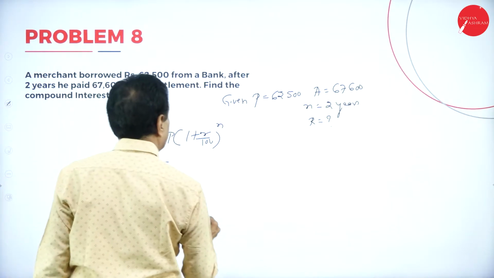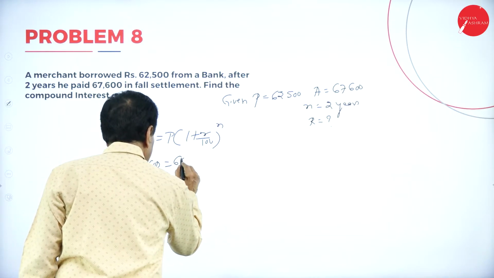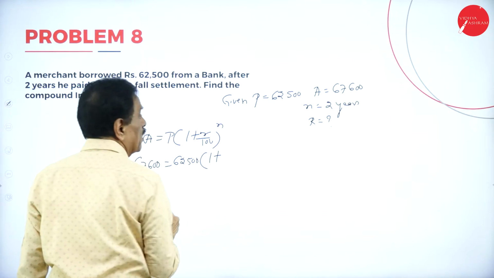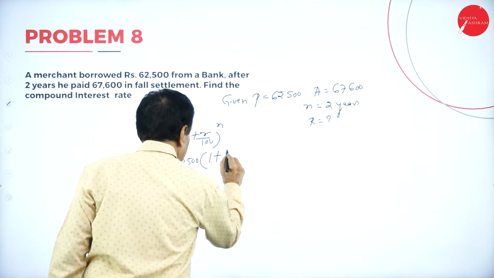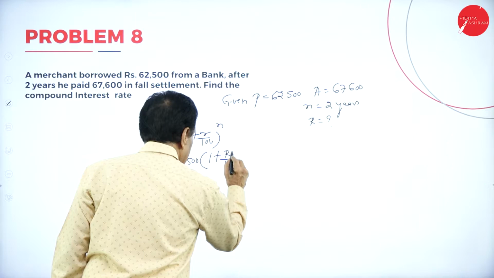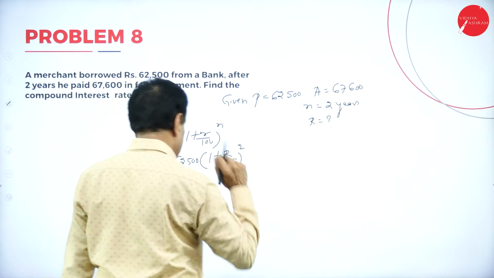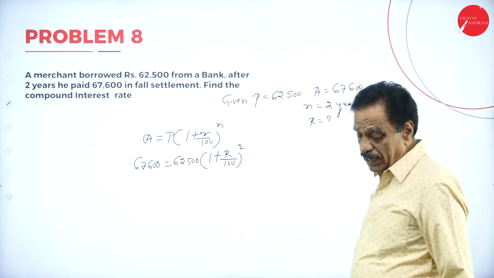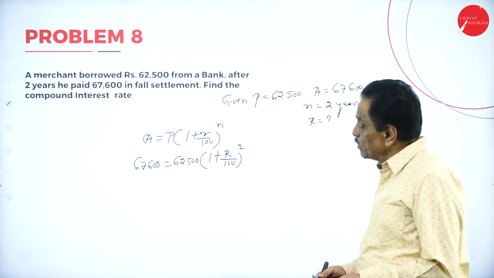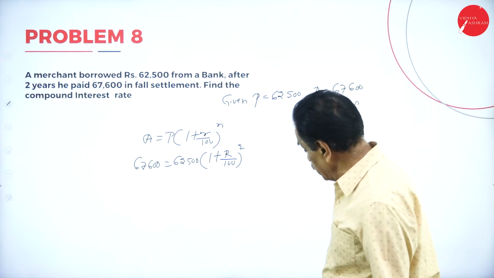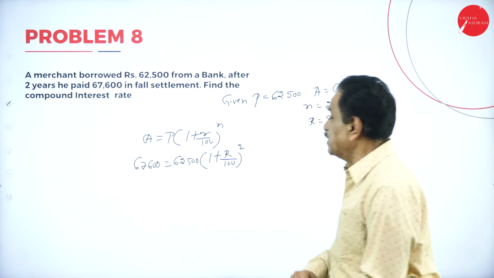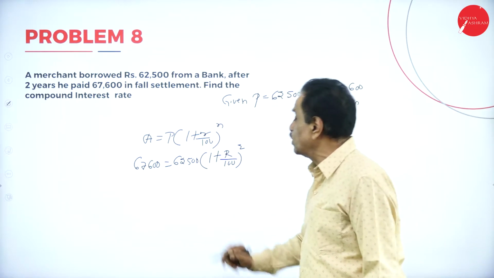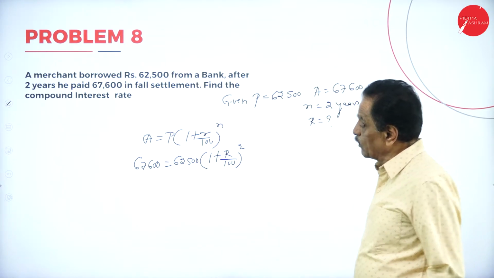What is your principal money? 62,500 into 1 plus the rate, which we don't know, R divided by 100, to the power of 2 years. So A is equal to 67,600, P is equal to 62,500, and 1 plus R over 100.